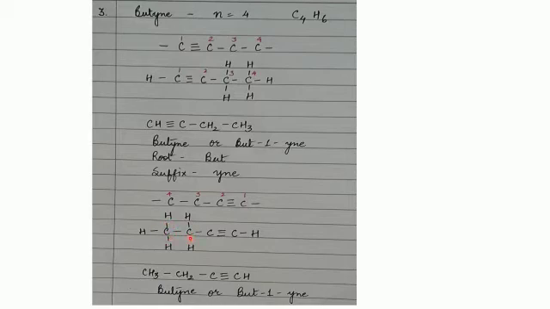Coming to this one, that is the third carbon, it will form 2 single bonds with 2 hydrogen atoms because it is already forming one single bond with this carbon and one single bond with this carbon. So 2, 4, 6 and 8 electrons for this carbon also. Coming to the second one, this carbon does not need any hydrogen because it is already having 6 from here plus 2, that is 8.